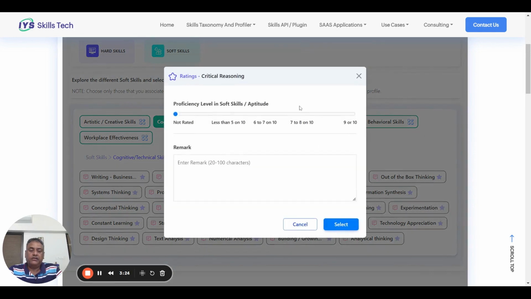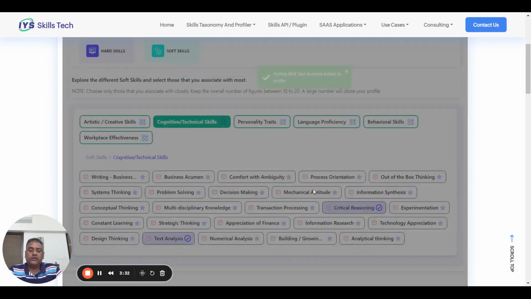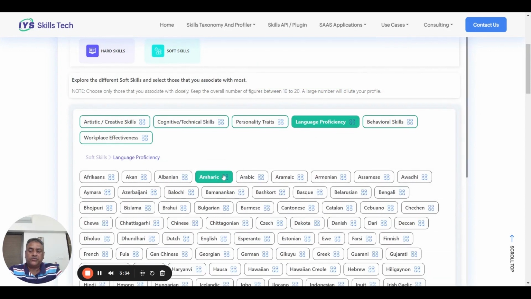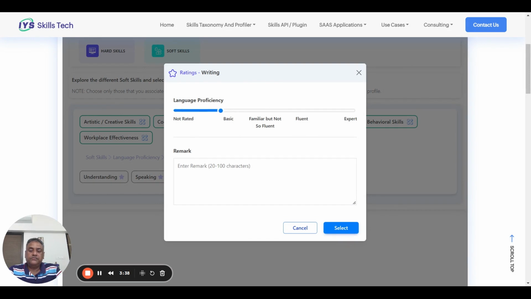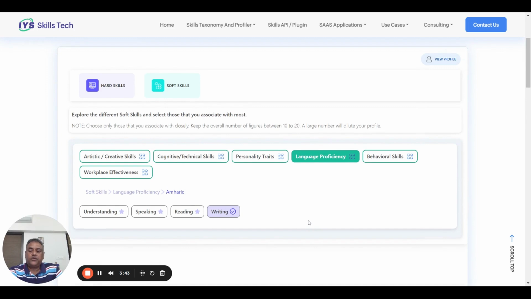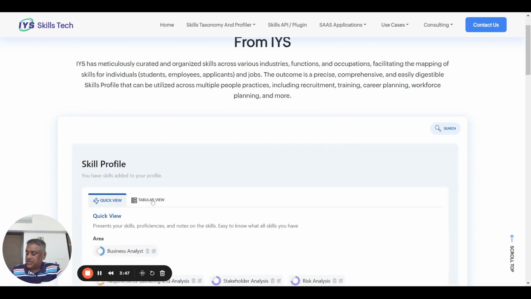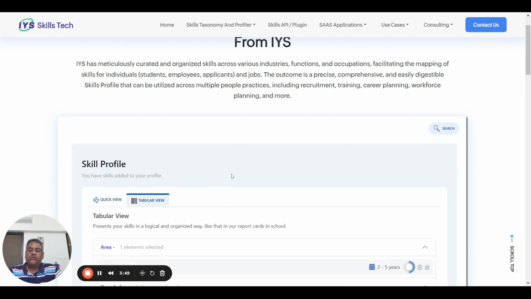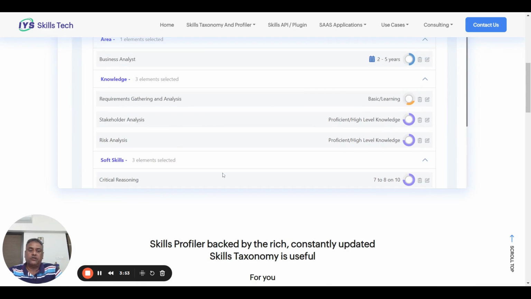And again, here they can go and rate and give also comments to the different skills they may have. Again, I'm just walking through. So in this process, we can create a skills profile, which is a structured representation of the various skills and areas, domains, soft skills, and so on.